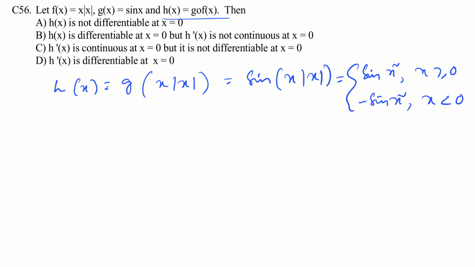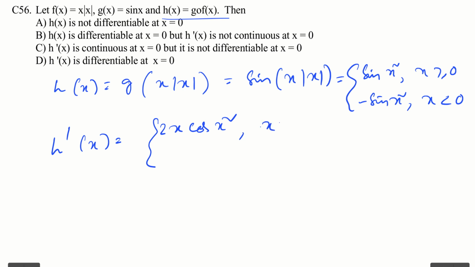So I'm going for the derivative. H dash of x is equal to sin x square. Derivative is sin x derivative cos x, and then this x square derivative is 2x. That is when x is greater than or equal to 0. And similarly it is minus 2x into cos x square when x is less than 0.